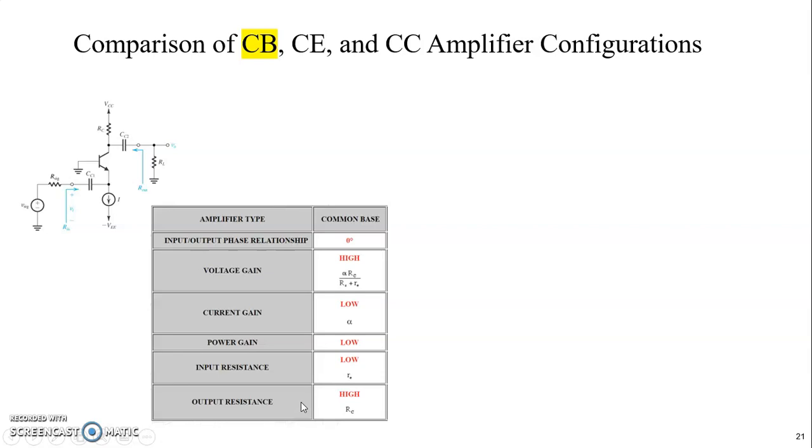Our amplifier stage should have a high input impedance so that it can take more power from the signal, V signal, and low output resistance so that it can deliver more power to the load instead of taking on its R naught, right? Because it has very low input resistance, only RE, this common base amplifier has very limited use, in which the R signal is very low, right?